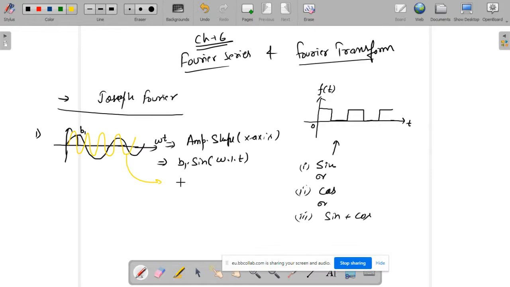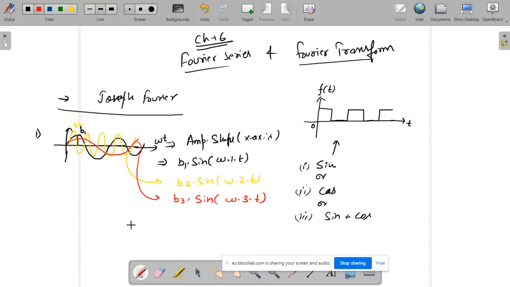What is the equation of this yellow signal? Amplitude, let's suppose b2, so b2 sine omega 2t. I have one more signal, this red signal. Let's suppose b3 is the amplitude, then sine, then omega 3t.